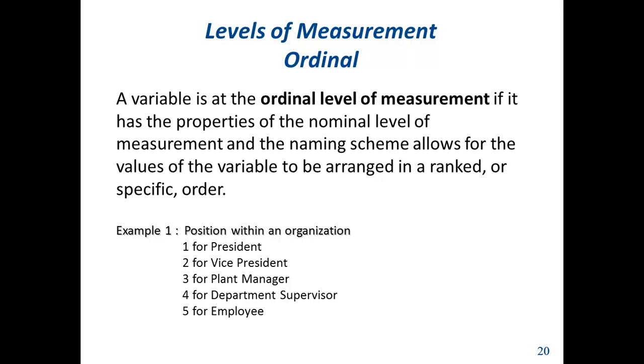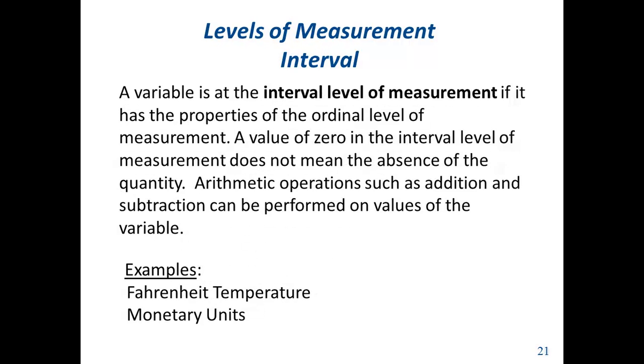Position within an organization, 1 for president, 2 for vice president and so on. Or your status as a student, if you are freshman, sophomore, junior, senior. And again one more time, when you rate a hotel, a restaurant and so on. So this is about the qualitative data of measurement.